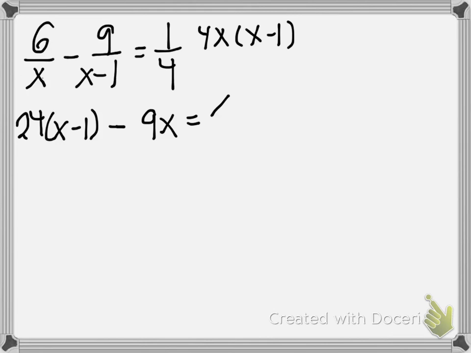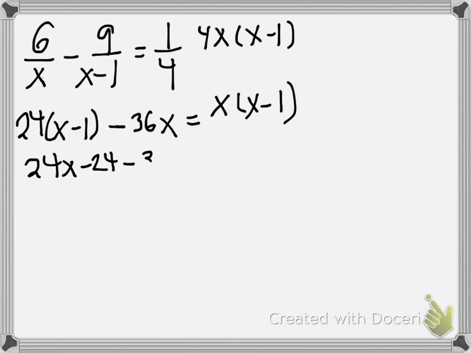And instead of a 9 over here, I have 9 times 4, which is 36. And then I just have x times x minus 1 on the right-hand side. So this gives me 24x minus 24 minus 36x equals x squared minus x.